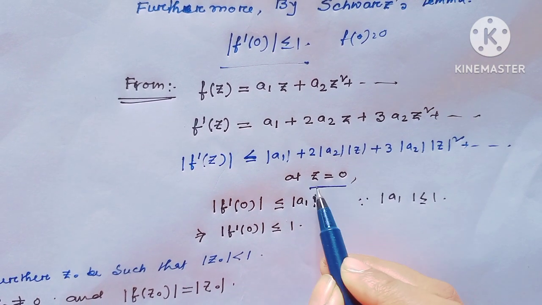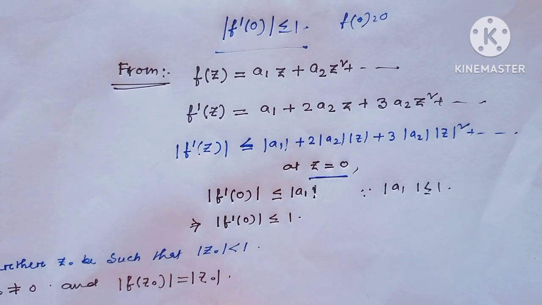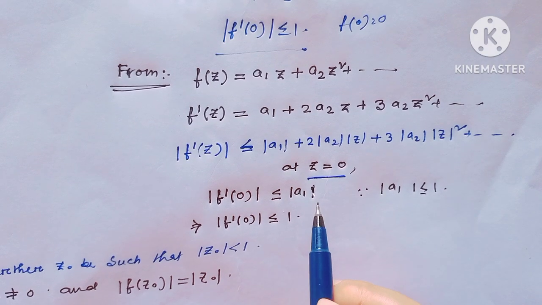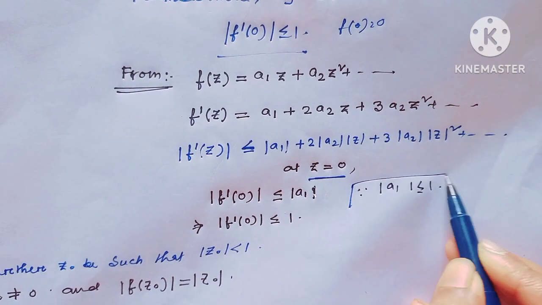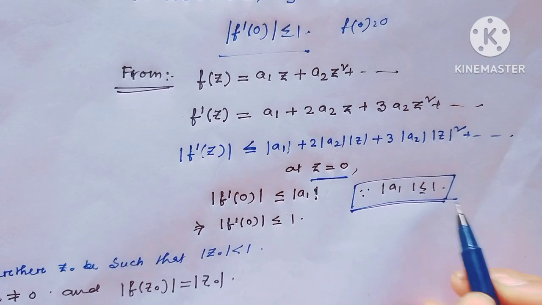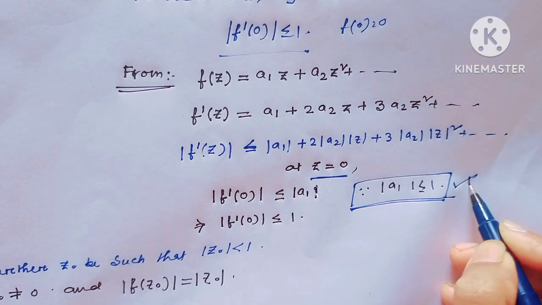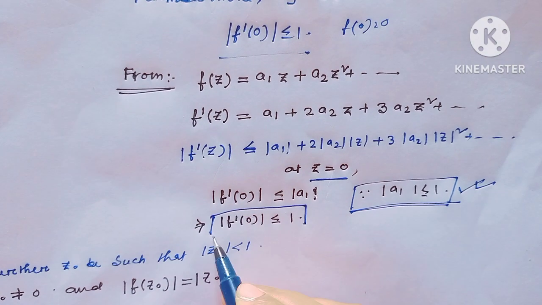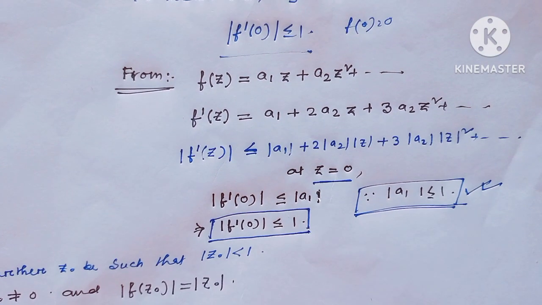And at z equal to 0, f prime 0 would be less than or equal to a1, and we all know this type of coefficient is always less than or equal to 1. So f prime 0 is always less than or equal to 1.